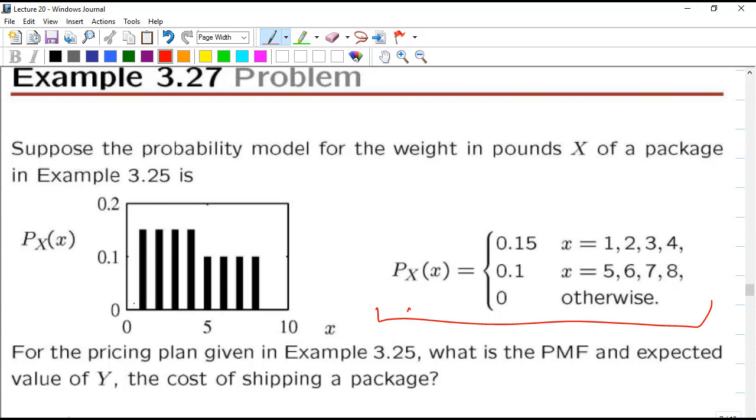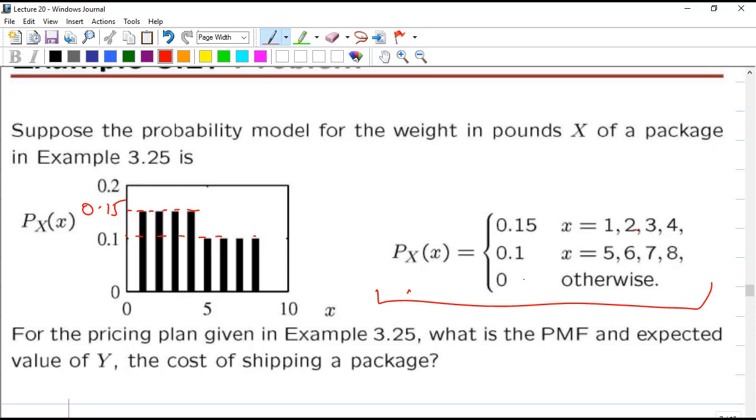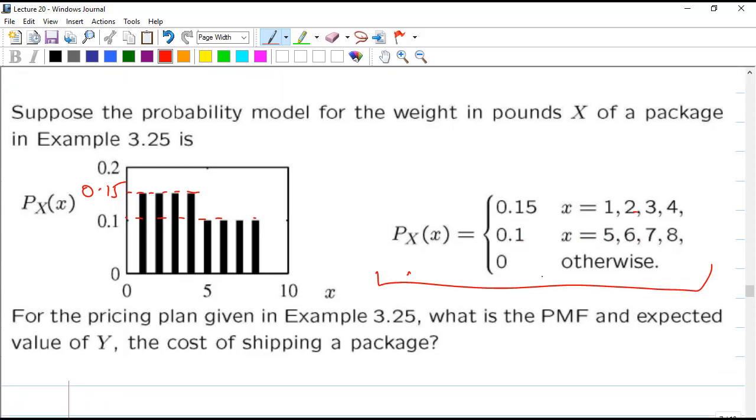In the figure we have seen this is 0.15 and this is 0.1. So for the packages weighing 1, 2, 3 and 4 pounds, the probability is 0.15, and packages of 5, 6, 7, 8 have the probability of 0.1, and 0 otherwise.